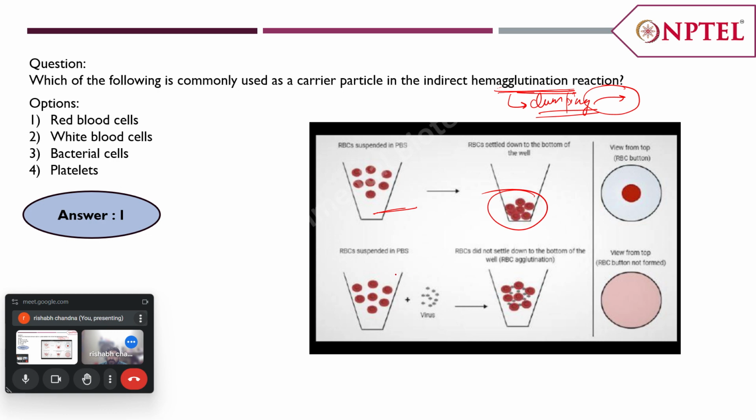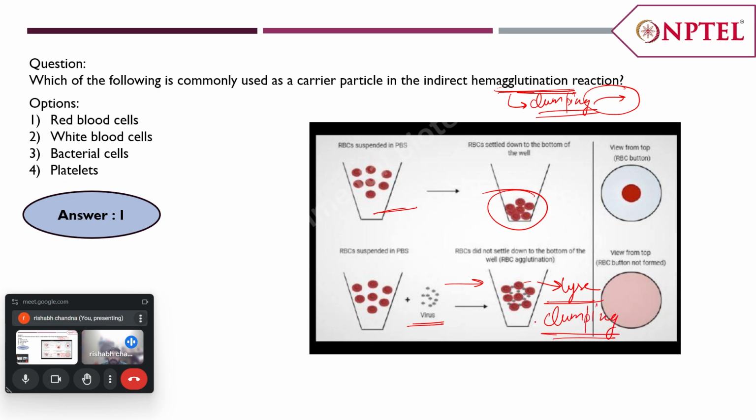Now, when we have to isolate some viruses, or check whether any virus infection is there inside our body, we resuspend our RBCs with the viruses and then pellet them down, and there is no significant pellet observed in that case. That means the virus gets attached to the RBC surface and basically lyses the RBC. So this is called clumping of RBC.